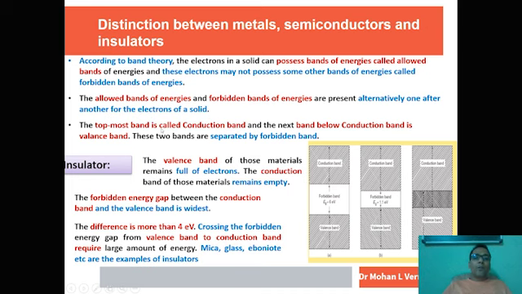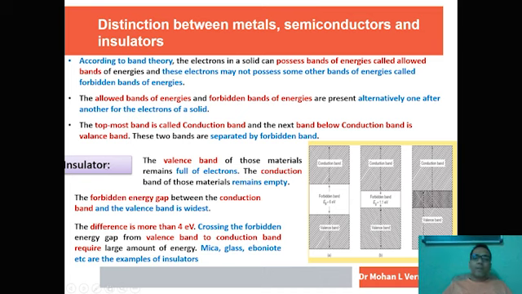The topmost band is called the conduction band, and the next band below the conduction band is called the valence band. The valence band consists of valence electrons, and these two bands are separated by a gap which is known as the forbidden energy gap. On the basis of the value of this forbidden energy gap, in the band theory of solids, materials are classified into insulators, metals or conductors, and semiconductors.